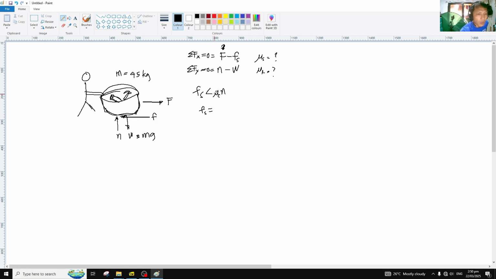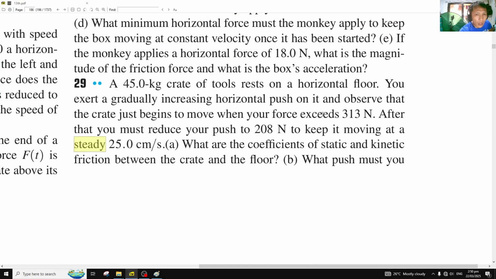Of course, if you make this an equal sign, it is the maximum. So if we make this equal to μ_s N, that would be the maximum frictional force before it slides. And that's what the problem says: you start from 0, and then after you reach the 313, it starts to move.